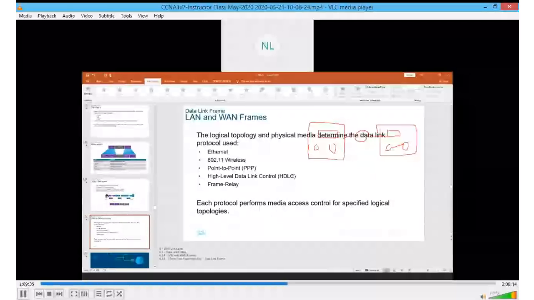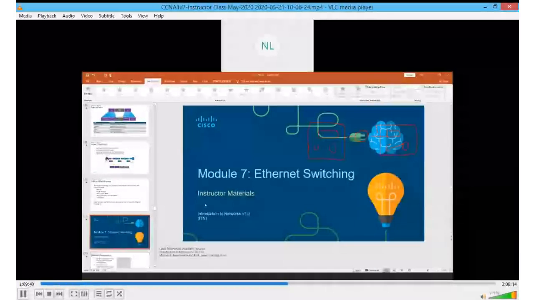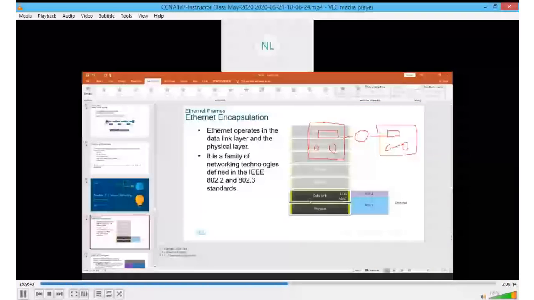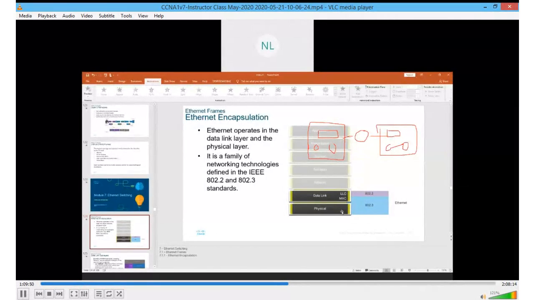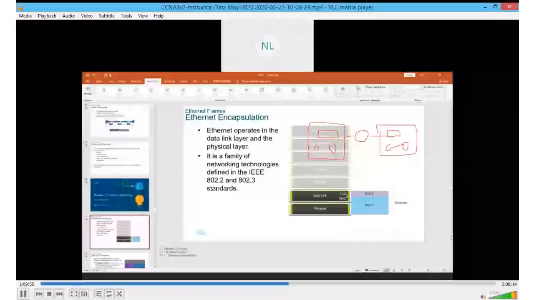Now moving forward, yes, still talking on the data link layer. We said earlier that the physical layer handles the connection, the physical cable, the encoding, the signaling, and the physical components. And we say the data link layer has LLC, logical link control, and MAC.